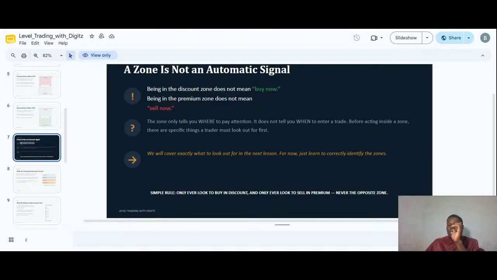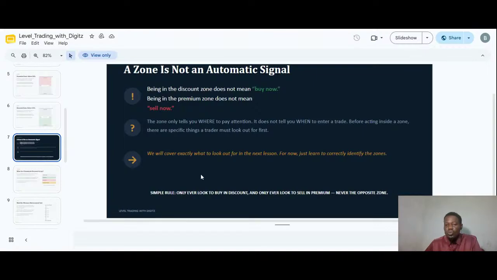Now, there's something you need to know about the zones. Your premium and discount zones are not automatic. That means they are not automatic price signals, because price is in the premium zone does not automatically mean you should sell, and price in the discount zone does not automatically mean you should buy.